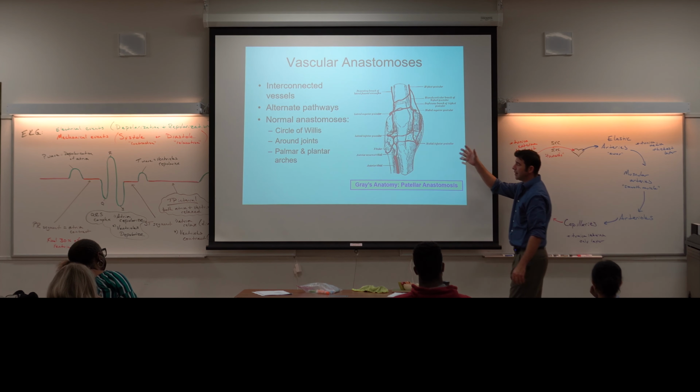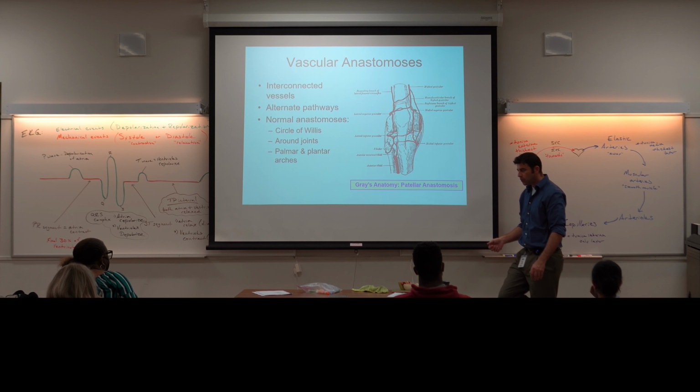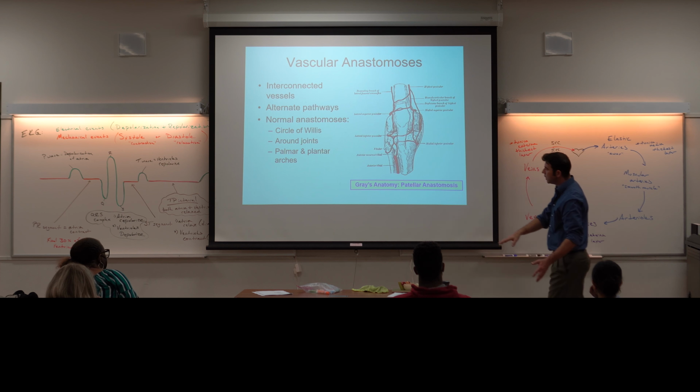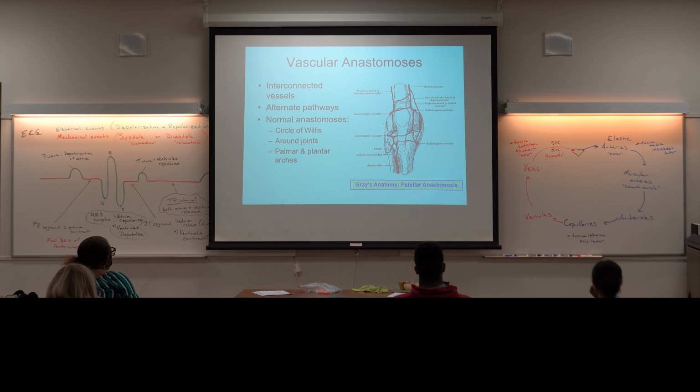You have a lot of these around the knee, so if you fold your knee up in one way, you wonder, is my foot going to get blood anymore? And there's a bunch of alternate ways for blood to flow around your knee down to the tibial artery and to the foot. So that's good, and that's one of the reasons your foot doesn't fall asleep as easily.